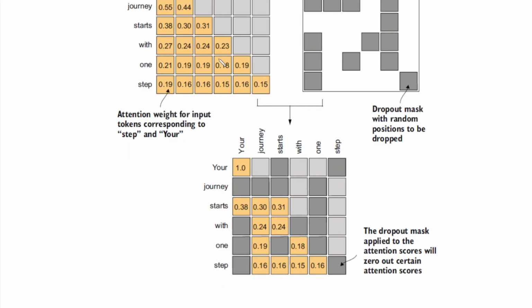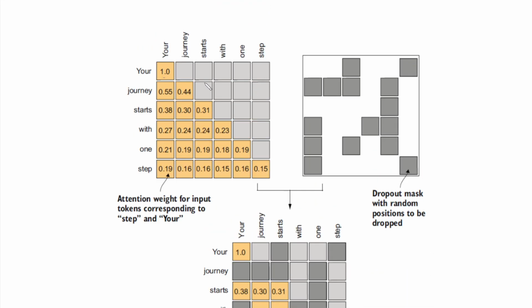So what we are going to do is create on the side a dropout mask. You remember for us to create these masked attention weights, we created a mask. We used minus infinity, and then we applied softmax, and then we created these masked attention weights.